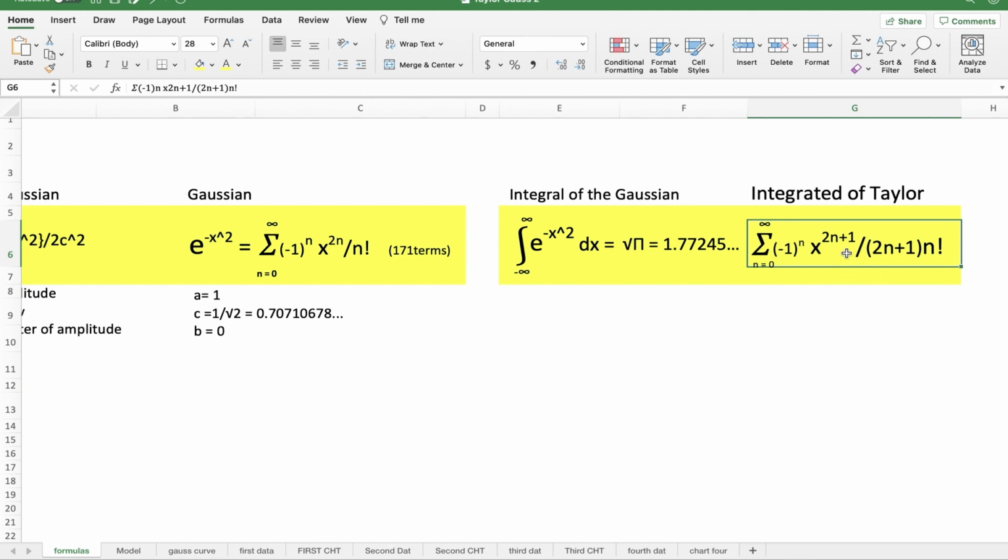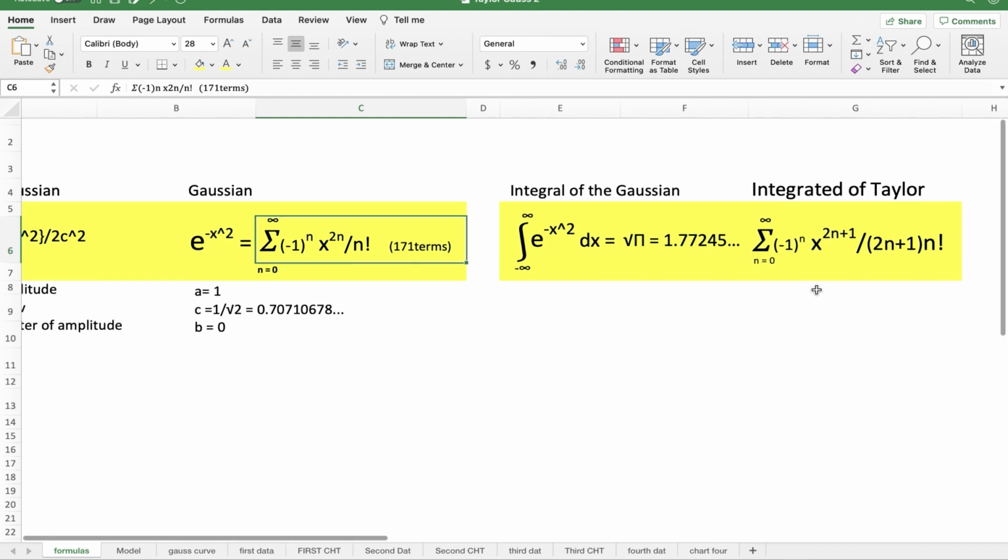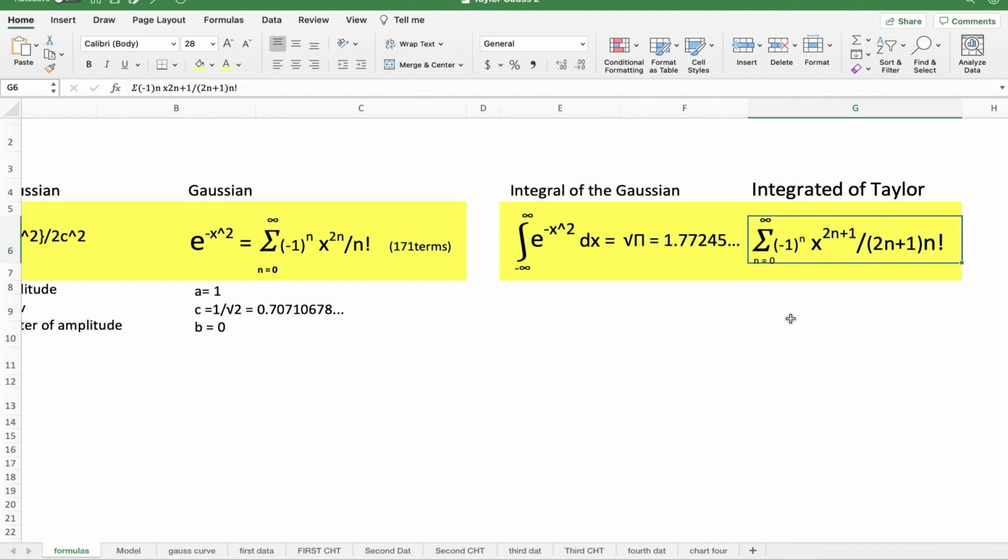So you have now a Taylor series whose denominator increases even faster than the denominator of the factorial, because you have 2 to the n plus 1 times n factorial. So this series converges even faster.